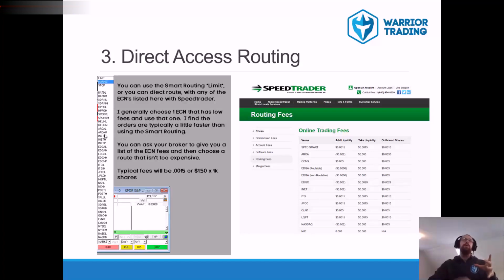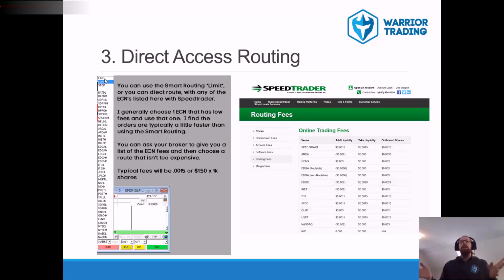Now, most brokers, all brokers actually, have their default limit order right here. A limit order is a smart route, and what it'll do is send your order out to the market, and you don't really know which path it's going to take. It'll get to the island, but you don't really know how. Now, the problem with this is that for me, when I do smart routing, it seems that the orders are always a little bit slower than when I direct route.